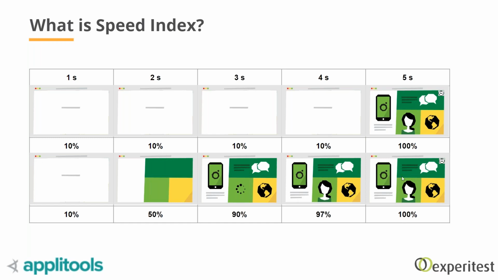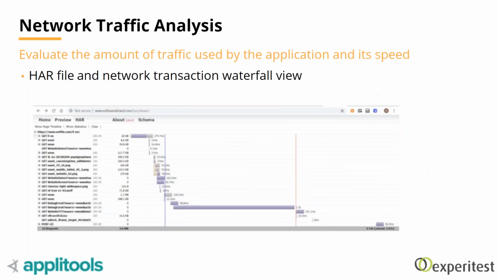This is an image analysis performed on the video, comparing the pixels of the last image in the video to all of the screenshots in between. So when you're looking at your user experience performance, speed index, I think today is the most important metric to follow.